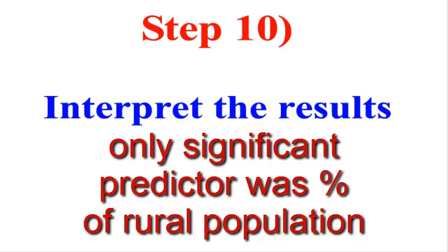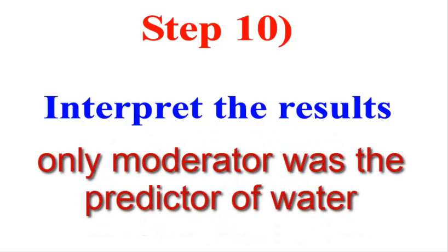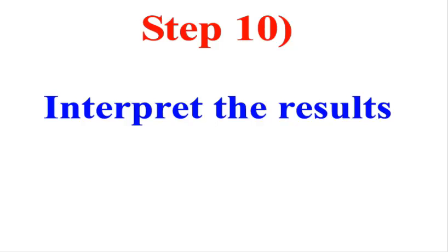And what's also working together with that predictor is your water predictor. So in other words, the more water a city has, the more UFO sightings you're going to have. Okay, and that is your prediction model in a nutshell.